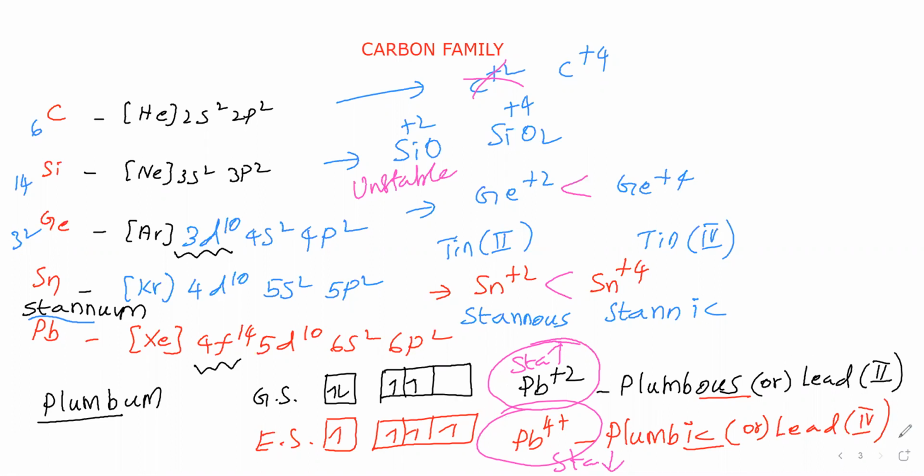But from this we cannot say that lead is not showing +4. Now you see lead oxides in the ores, Pb3O4 is existing. Pb3O4 is a mixed oxide. In that mixed oxide, one is PbO, called plumbous oxide. Why plumbous?